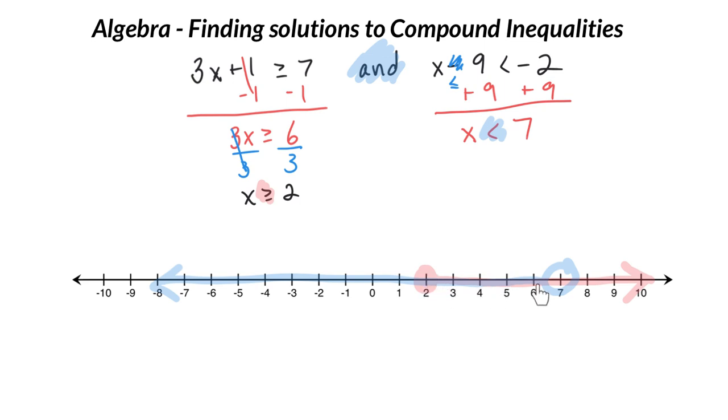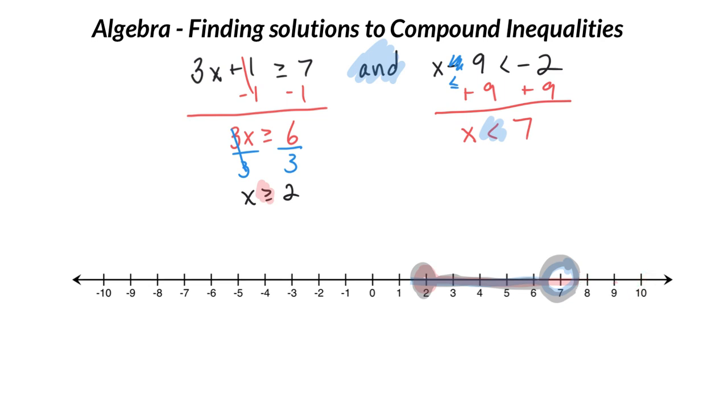Right in here, in between the two ends that we drew, these numbers that are double shaded, this is the spot that will work for both. So I'm going to darken this again: we have this closed circle at 2, this open circle at 7, and it's all of the stuff in between. All of the other stuff can get erased because that is not part of the solution set that will work for both.